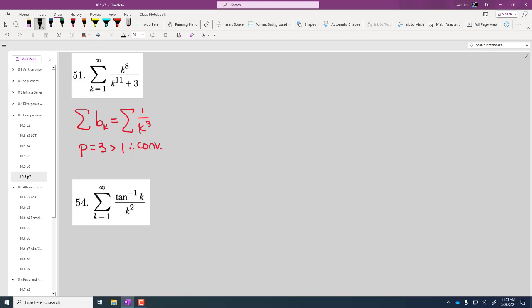Well, let's find out. For the direct comparison, or DCT, we want to show convergence. So we want the a's to be smaller than the b's. The b's are the ones that we created. So we have k to the 8 over k to the 11 plus 3.